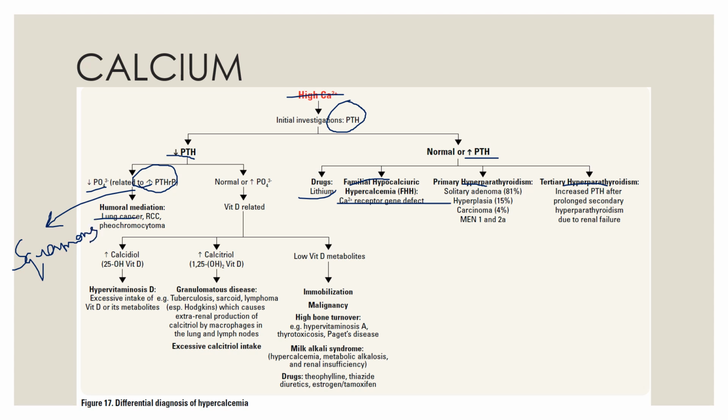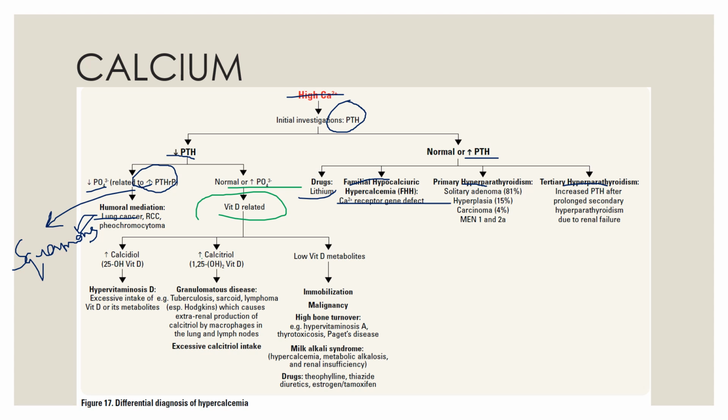It is squamous cell carcinoma, because as a paraneoplastic syndrome, it can produce parathormone related peptide and increase the calcium with a decrease in phosphate. Now, if there is an increase in phosphate, it is usually vitamin D related, because I told you vitamin D increases both calcium and phosphate. So you have to look for vitamin D.